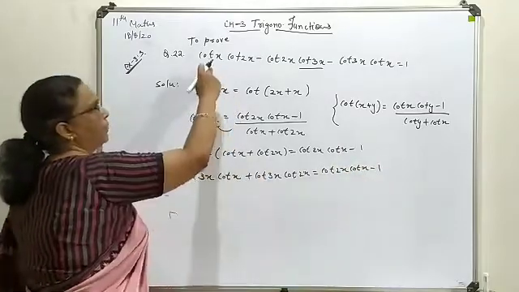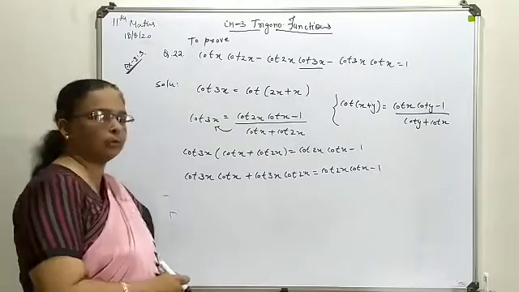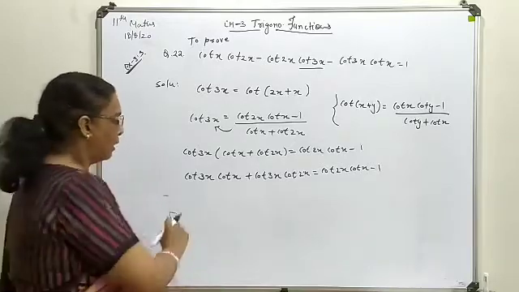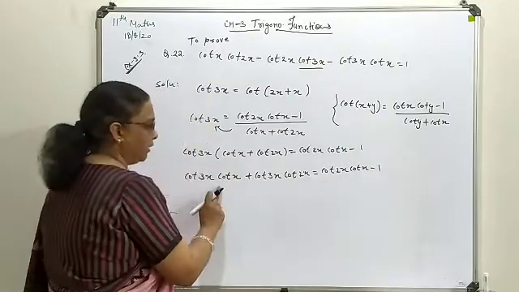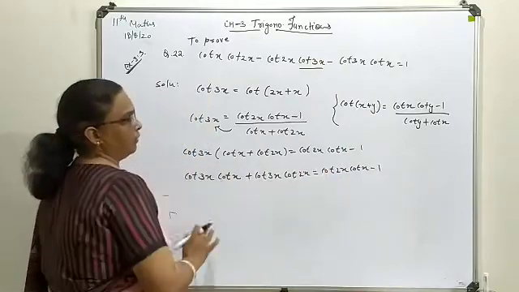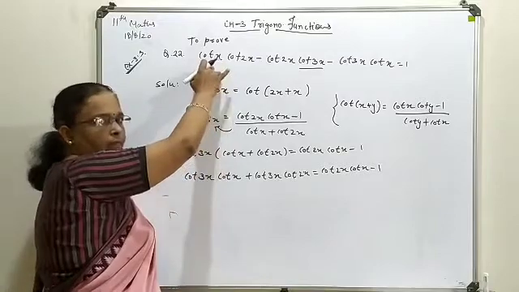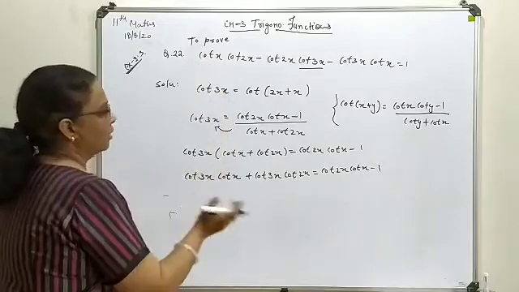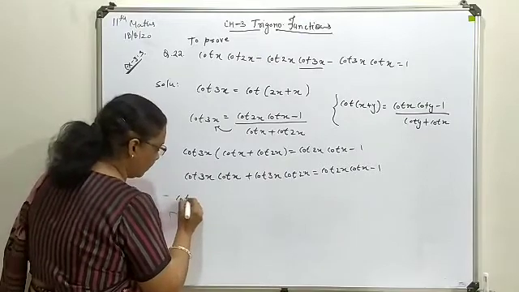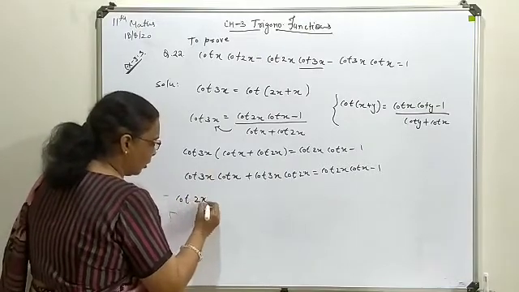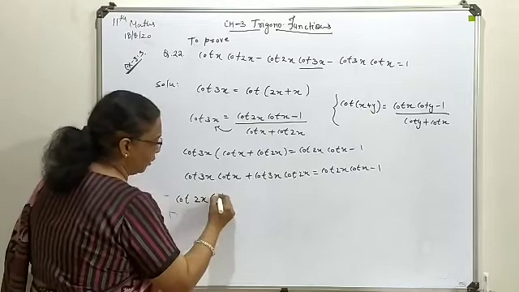Now to make the above given relation, one more thing is required here, that is transformation of the terms. This minus 1 you shift over there, and these two positive terms shift over there. So you will have the actual form that is being given to you. On making them transform, this side I am writing first cot of 2x cot of x.